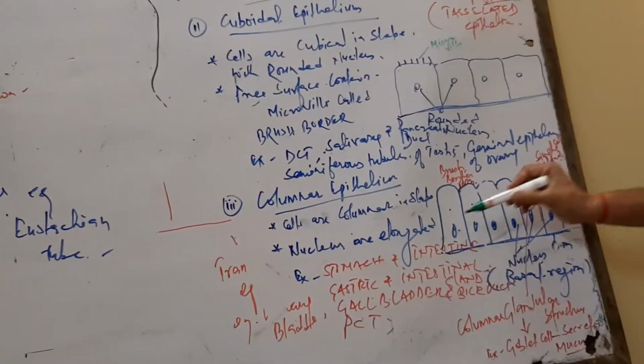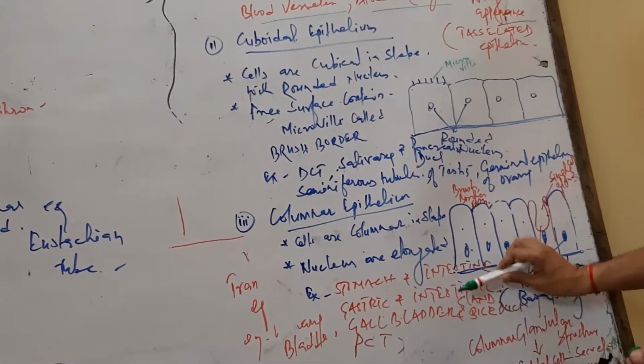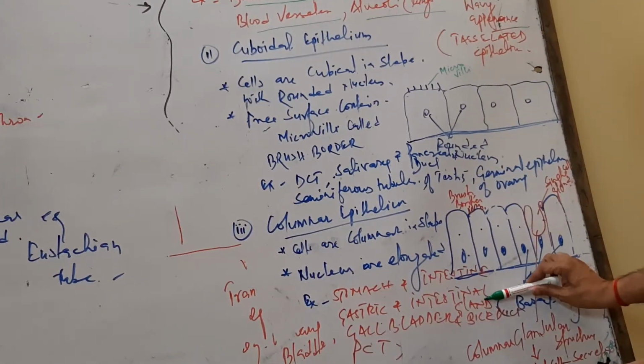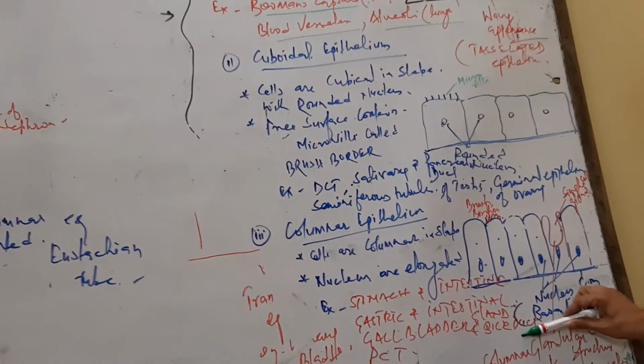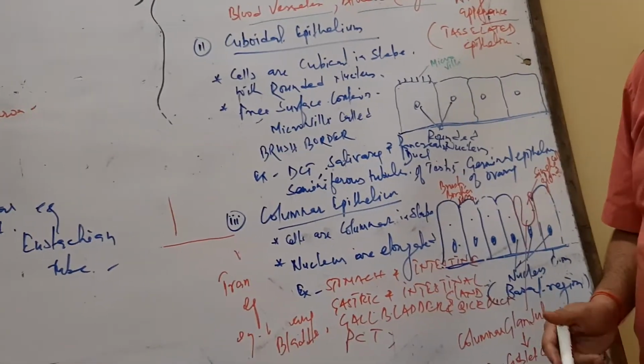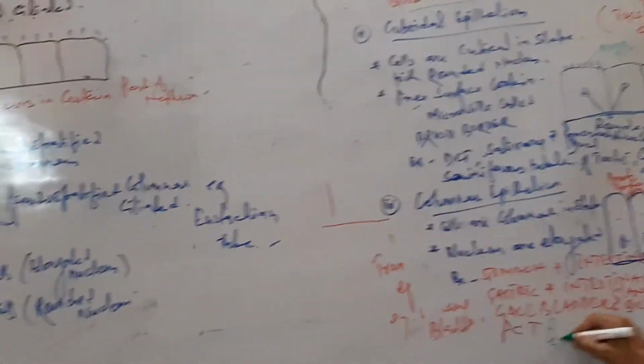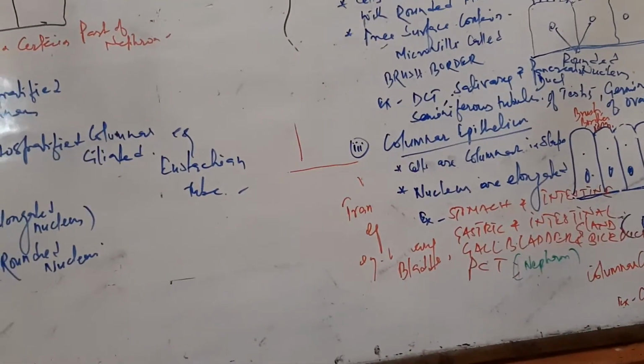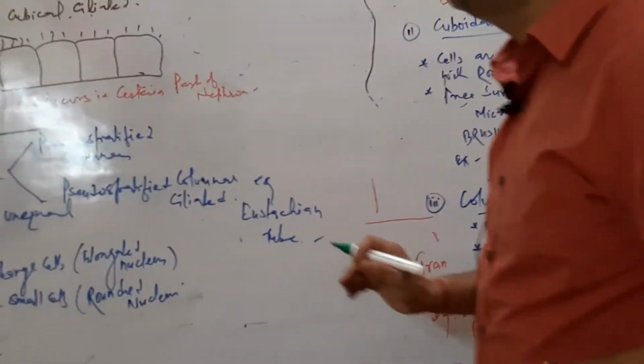Examples are present in the stomach, intestine, gastric and intestinal glands, gallbladder, bile duct, and PCT of the nephron. This is all about columnar epithelium and goblet cells.